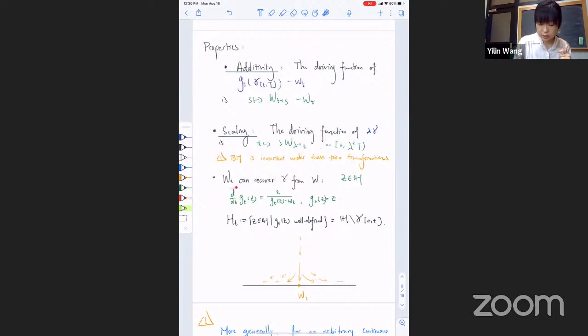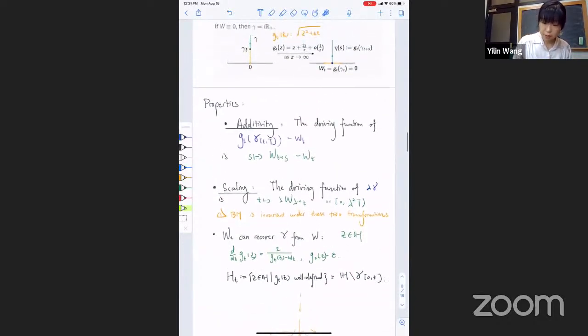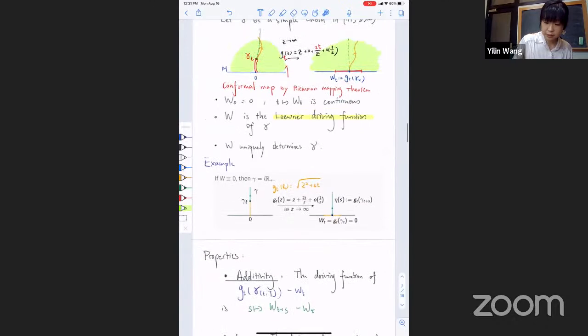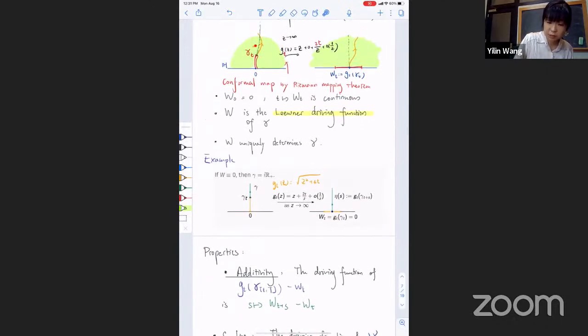So this differential equation will be defined on a subset of the upper half plane, which is exactly outside of gamma[0,t]. So this will be the set of points where this differential equation has exploded before time t. This is also consistent with the fact that g_t is only defined in the complement of the red part.